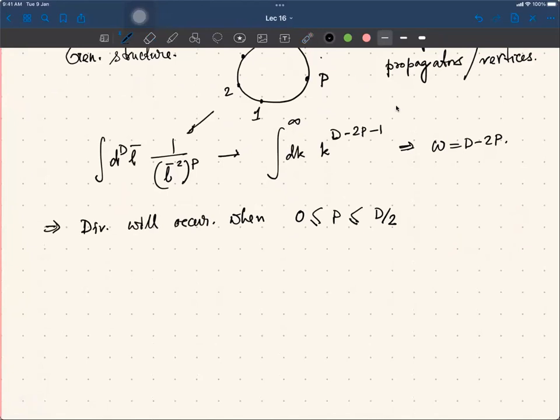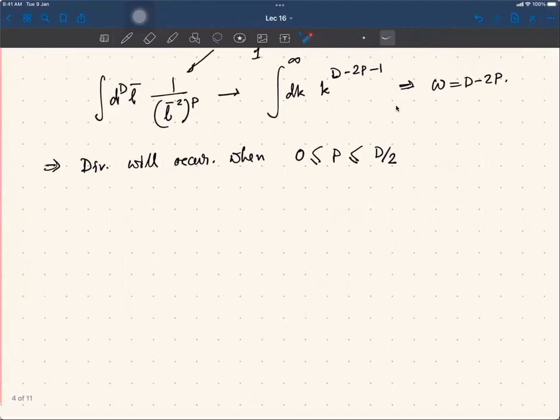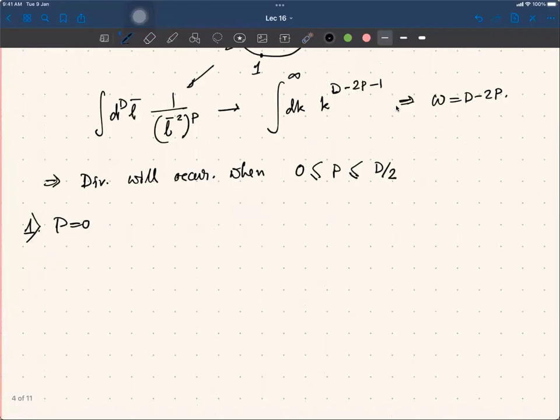So let us look at this terminal value, p equals 0. The p equal to 0 means there are no vertices, and therefore the entire graph is actually a loop like this. This is the entire graph, because there are no vertices with which it is connected to a bigger graph.